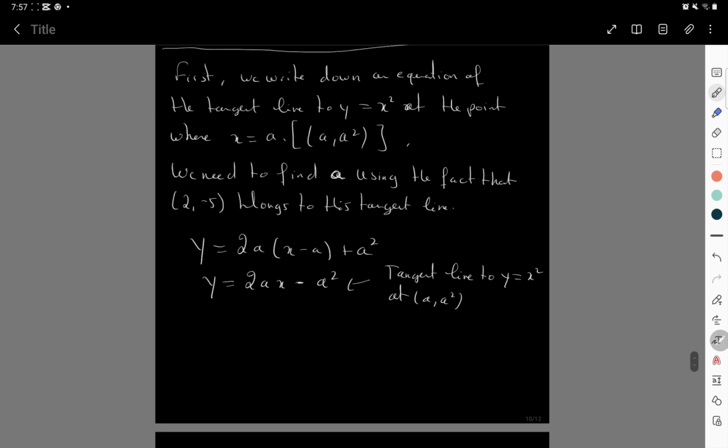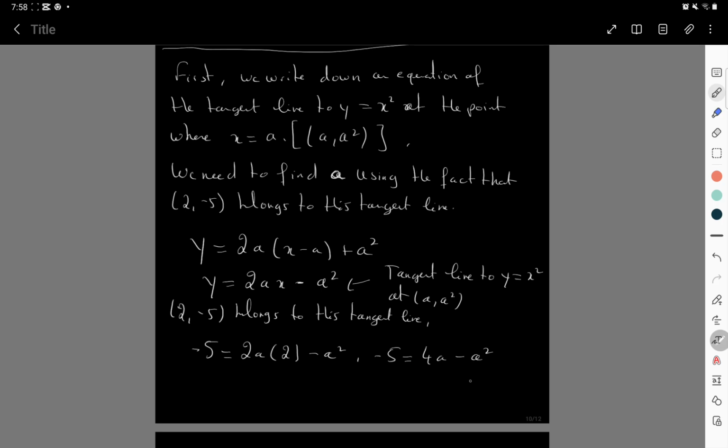Now, if 2, minus 5 belongs to this tangent line, what can we say? We can say that minus 5 is equal to 2a times 2 minus a squared, right? This means that the coordinates 2 and minus 5 satisfy the equation of the line. So minus 5 is equal to 4a minus a squared.